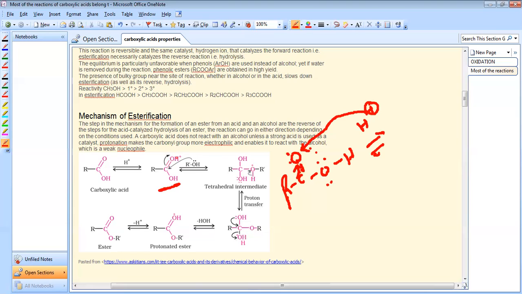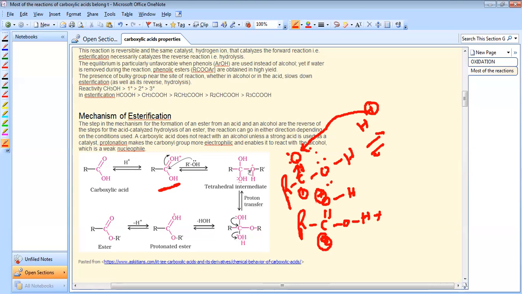So we get R C double bond O H, where this oxygen acquires a positive charge, along with the OH. Now this carbon becomes more electron deficient. Compared to the previous case, the carbonyl carbon was less electron deficient, but in the second case it is more electron deficient.